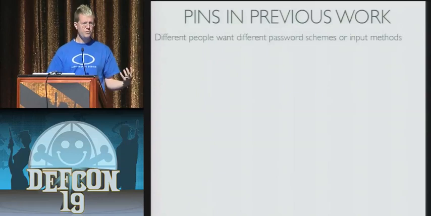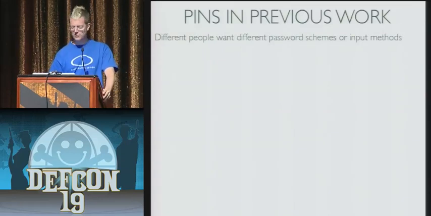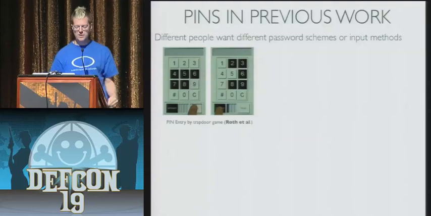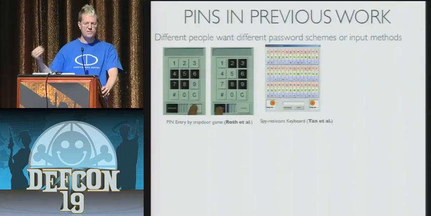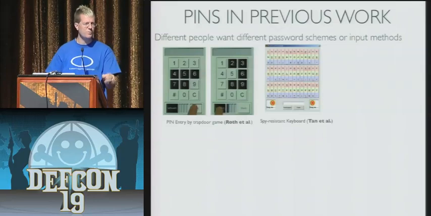So quite a few researchers in the human interface community have suggested alternative methods of PIN entry. So, for example, PIN pads that move around and you have to play kind of a game, so the interaction is not so easy to replay. Spy-resistant keyboards, so you can't tell which of the keys someone's selecting because there are multiple different colored characters on a key.